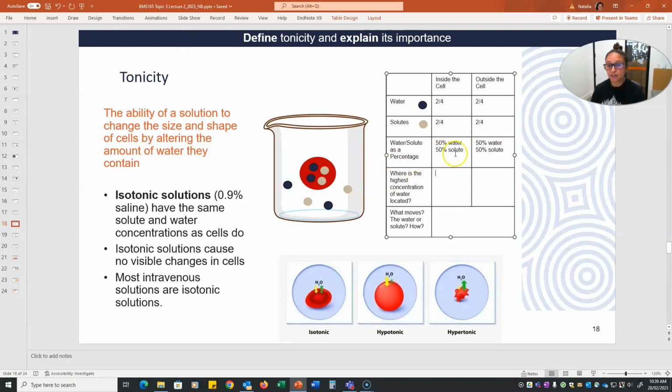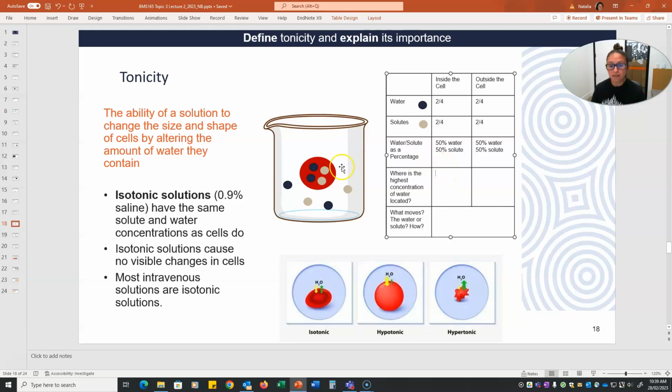So if the concentration of water is the same inside versus outside the cell, then water will not cause a net movement.